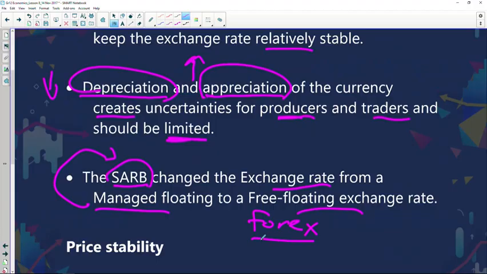This is the ideal situation because the central bank is no longer playing that role of trying to influence the exchange rate by buying and selling currency. Now it is all dependent on the forex market, determined by supply and demand in that particular market.